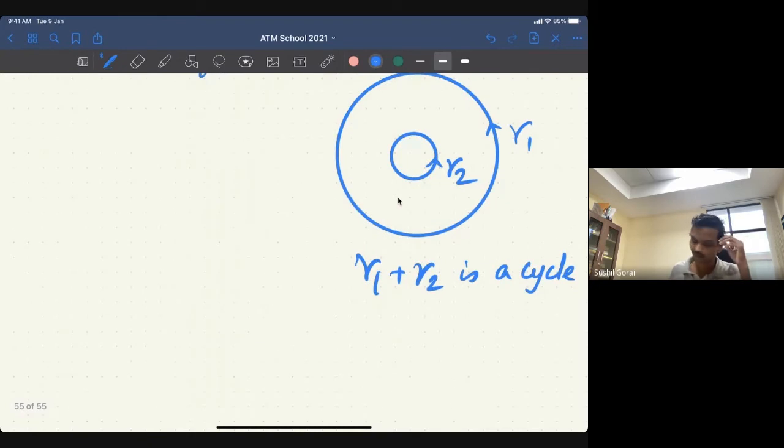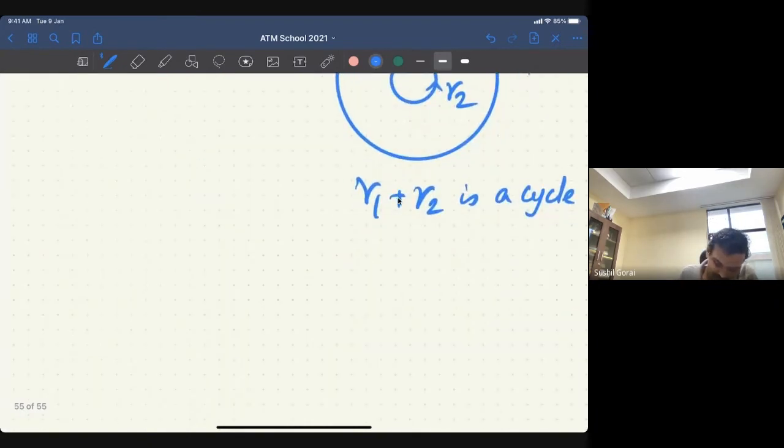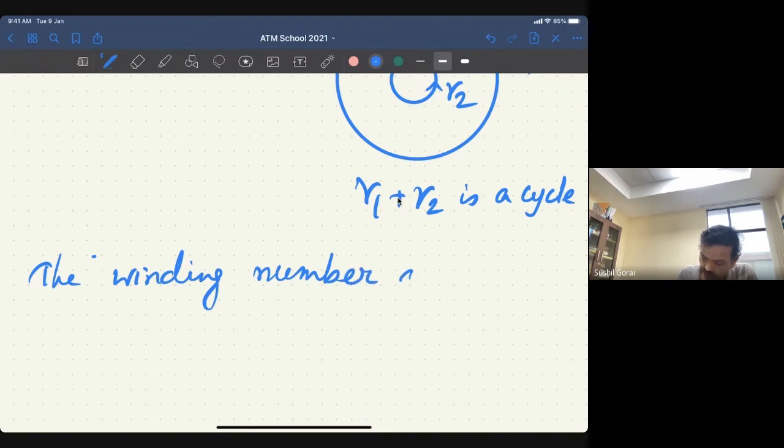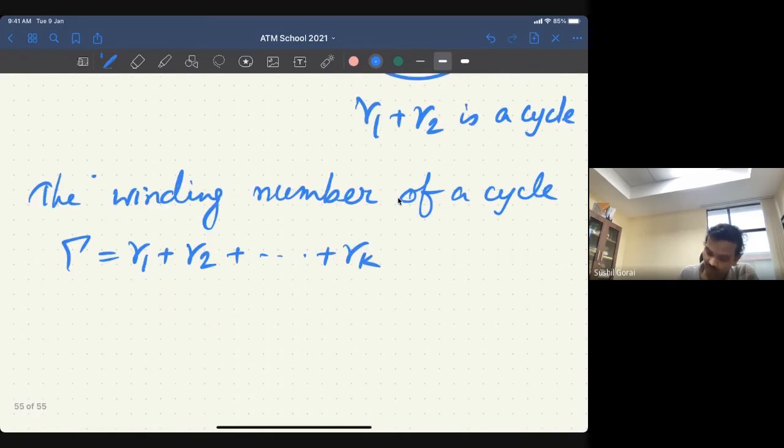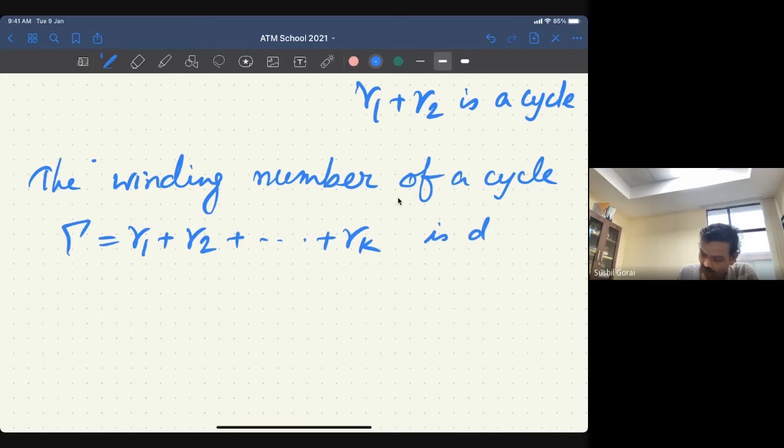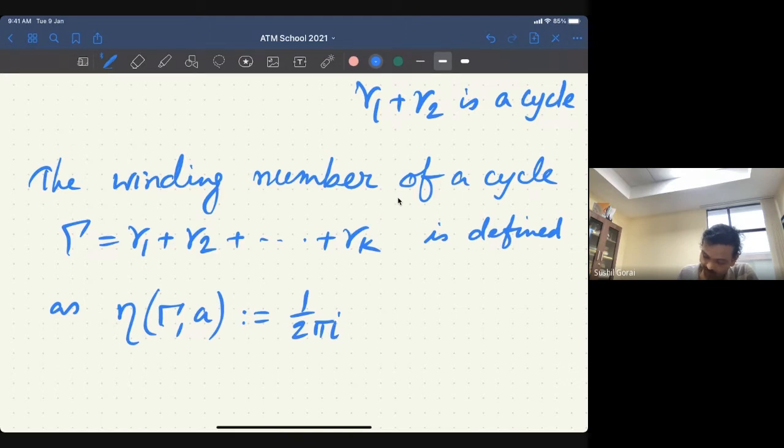All right. Now one can define the index, or the winding number, of a cycle gamma, where gamma is, let's say, gamma 1 plus gamma 2 plus up to gamma k, about a, defined as 1 over 2 pi i times the integration over gamma of dz by z minus a.